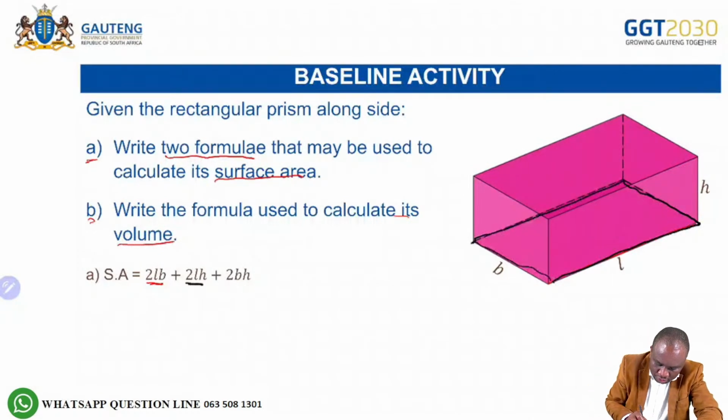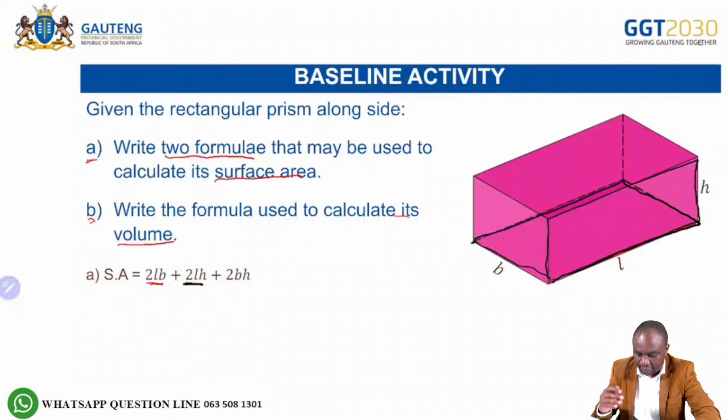And then 2 times length times height, length times height is this one. So we have the front one and the one at the back, so that's why we multiply by 2. And then 2 times breadth times height is this one. There are 2 of them, so that's why I say 2 times breadth times height.